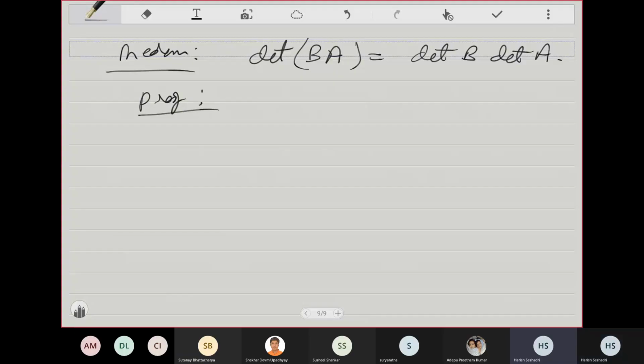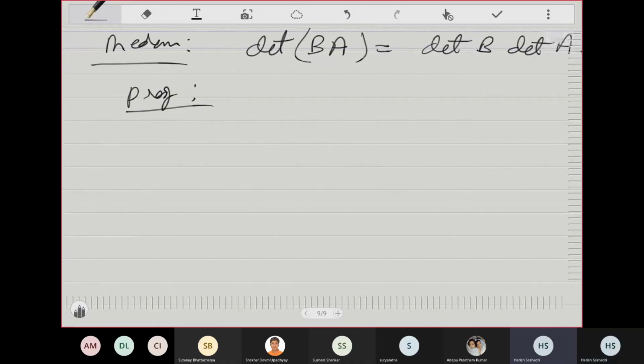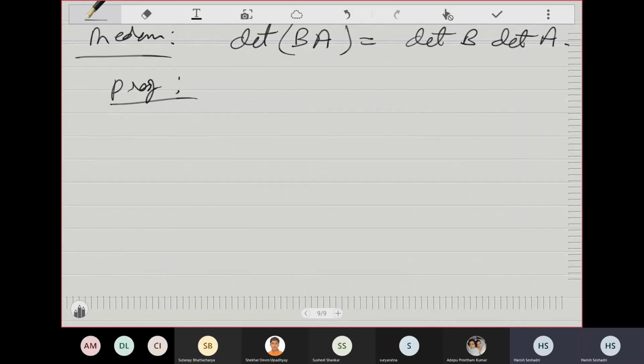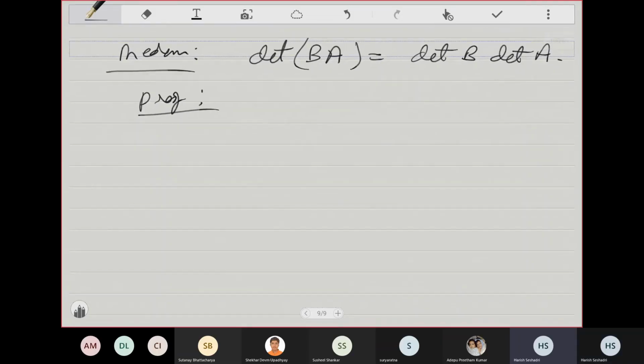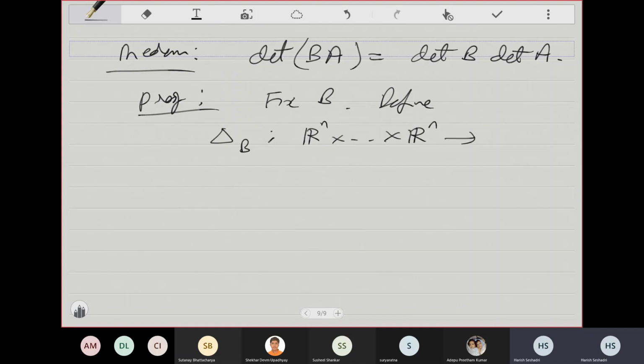And here's one way of doing it. So what we do is, fix B, and let's define a map delta B from R^n, just like the determinant, with a twist.